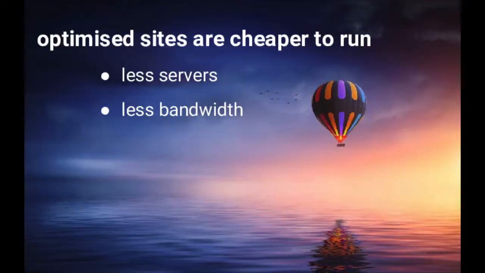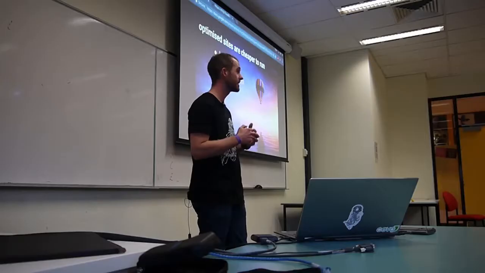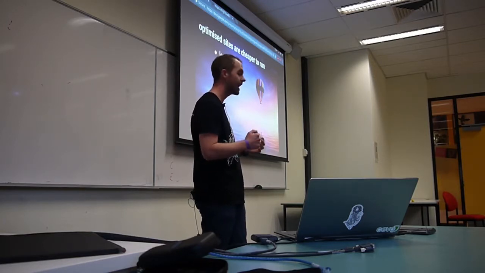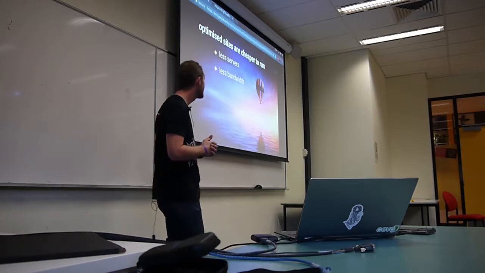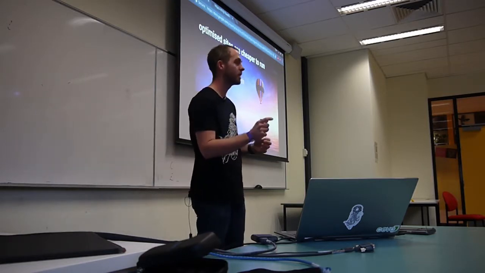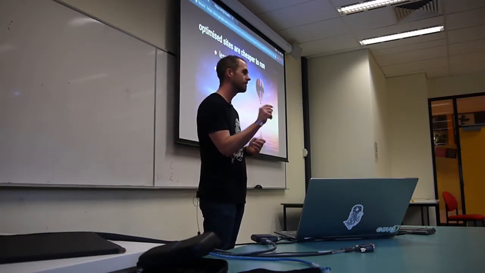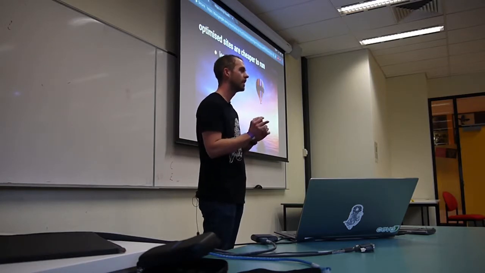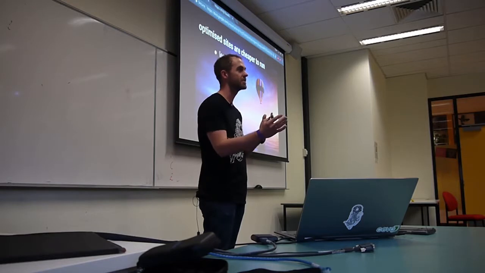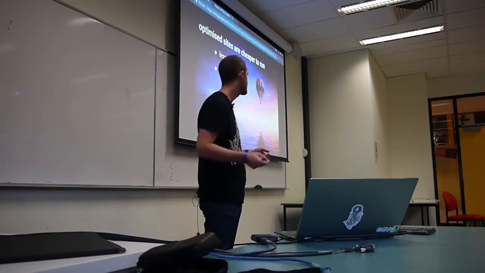Optimized websites are going to be cheaper to run. You're going to need fewer servers, and you're going to need less bandwidth to serve your content. This is really good because it's going to reduce your AWS bill, and I'm sure pretty much every company wants to do that. Another story here is I spent some time on a website I was working on optimizing the favicon, which is the really small little icon that goes in the top of a tab, and basically lets you see which website you're on for which tab.